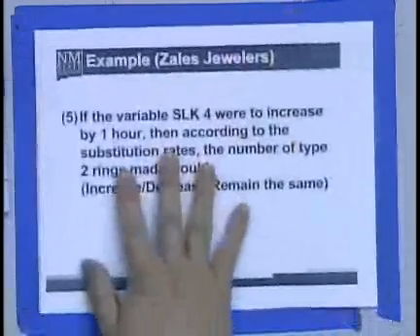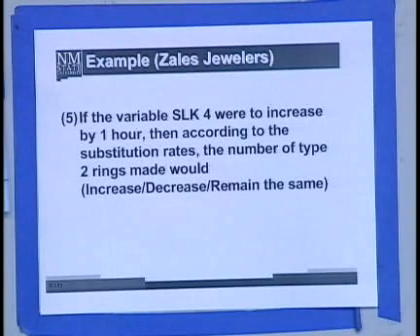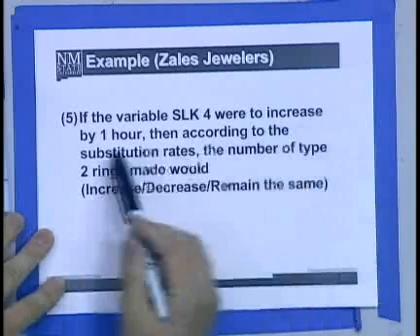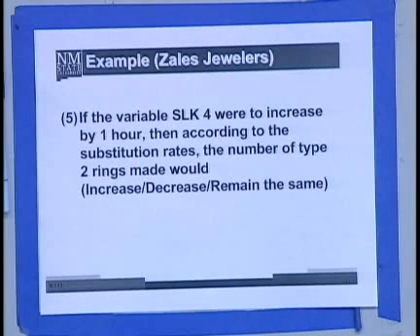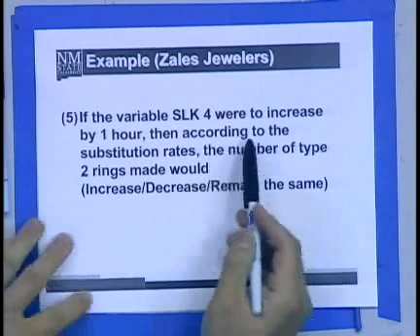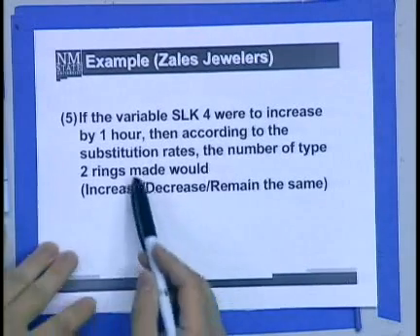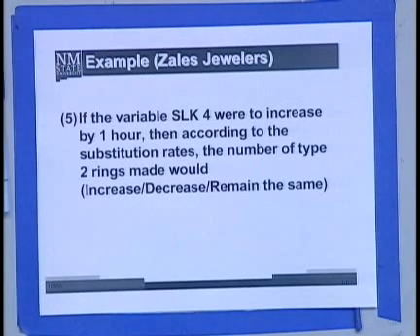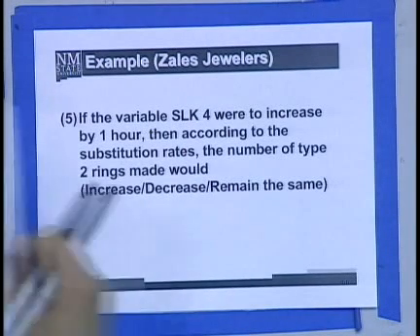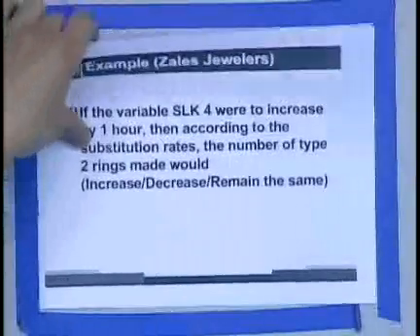Okay, then what about number 5? If the variable slack 4 were to increase by 1 hour, again, according to the substitution rates, the number of type 2 rings made would increase or decrease or remain the same. Does it remain the same?